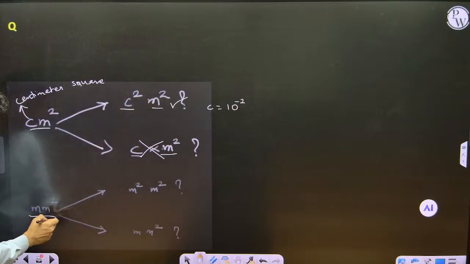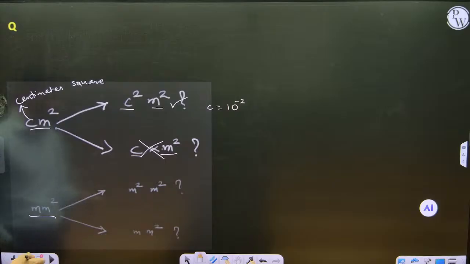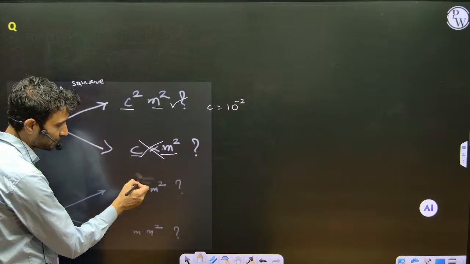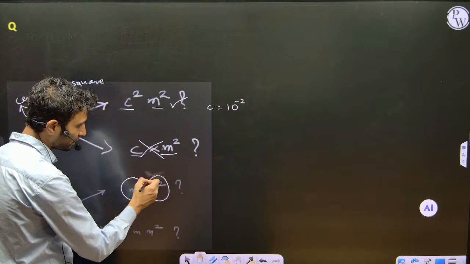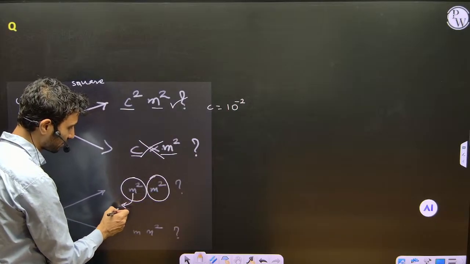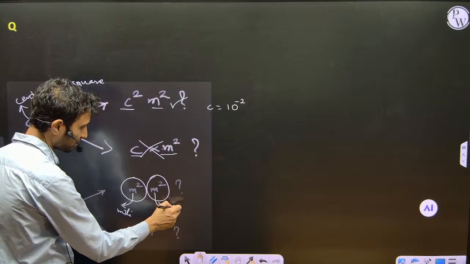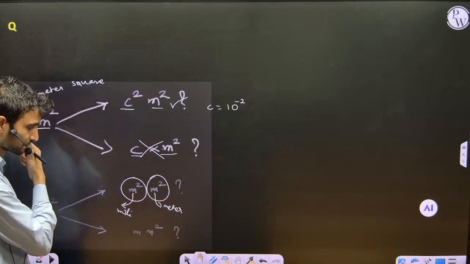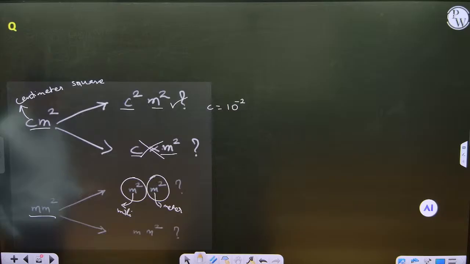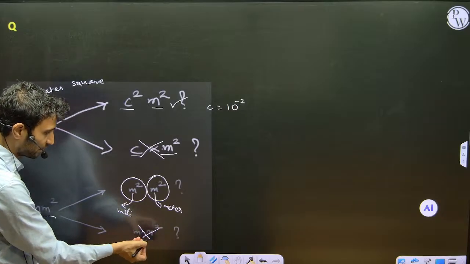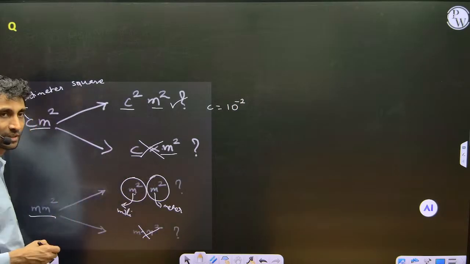Similarly, millimeter square is what? It is milli square into meter square, right? It is not milli into meter square, it is milli square into meter square, right?